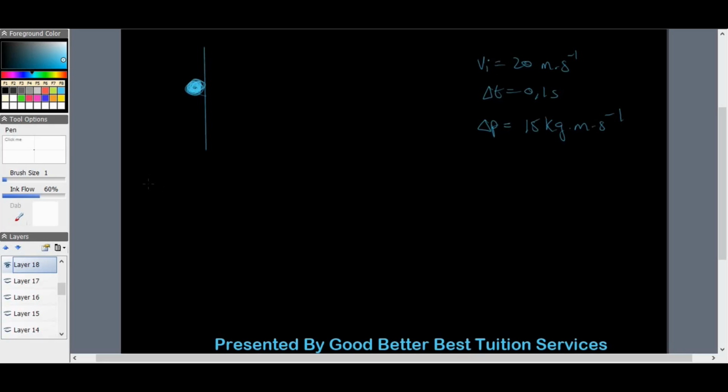So if they ask you a question here, they ask for the impulse of the wall on the ball. That's the question. What is simpler is that we've got a change in momentum, but we also know the impulse formula.